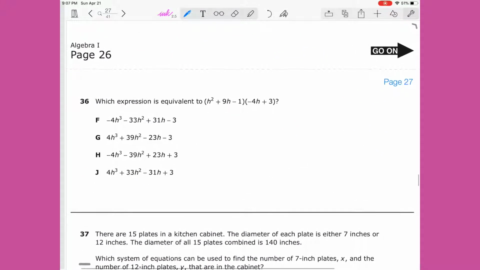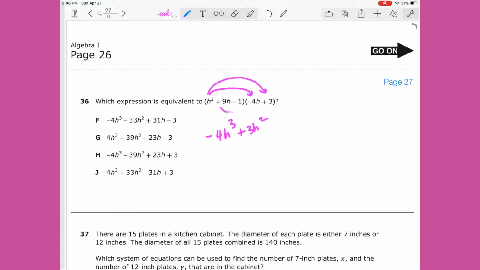Number 36, which expression is equivalent to the factored form that we're given? We're just quite simply going to FOIL. So h times negative 4h is going to give me negative 4h cubed. Okay, h squared times 3 will give me plus 3h squared.